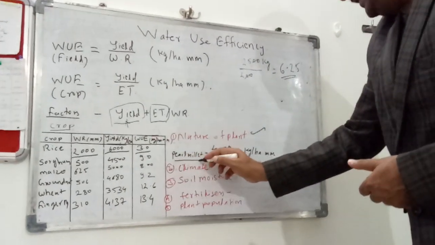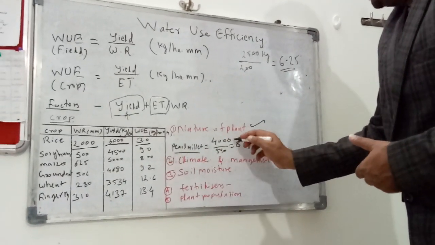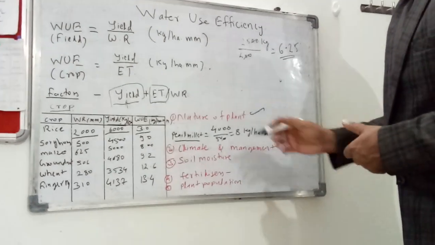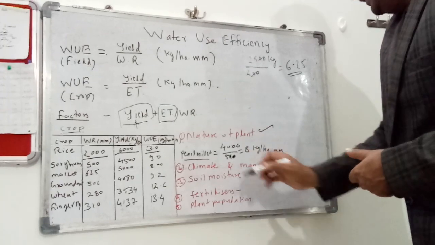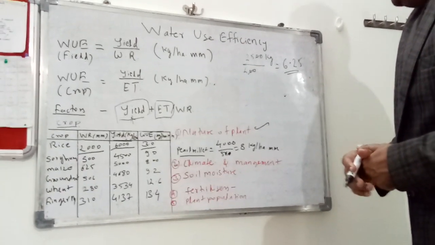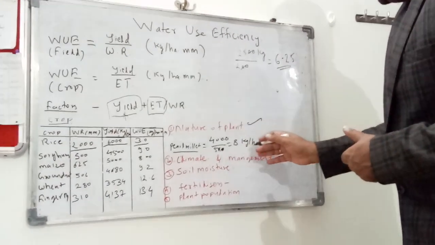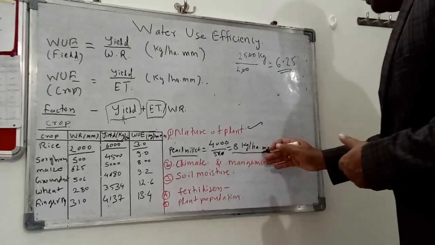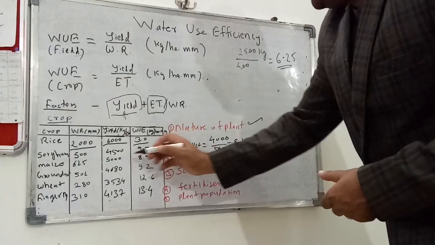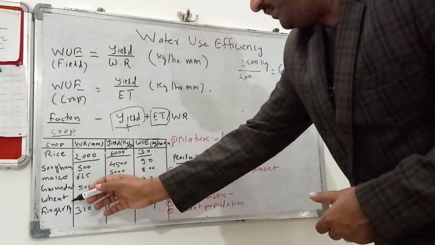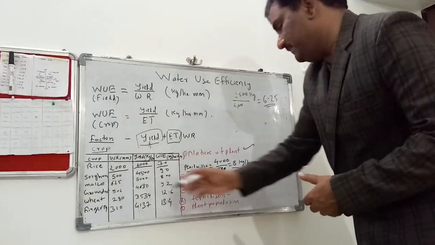In case of pearl millet, we have taken the example: 4000 is the marketable produce that we get, whereas 500 is the water required for the crop growth. So 8 kg per hectare per mm is the water efficiency of pearl millet. Similarly, maize, groundnut, wheat and finger millet have their own water efficiency.